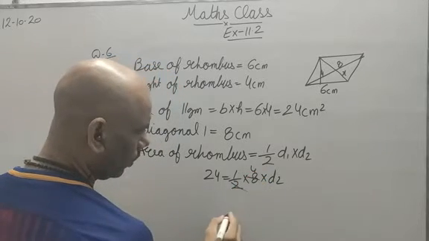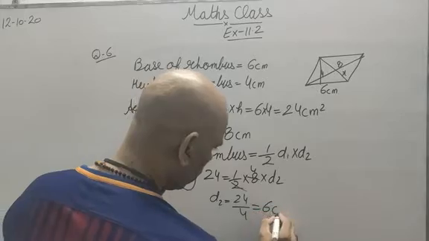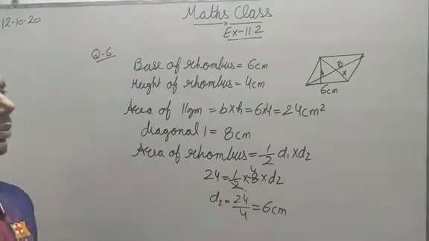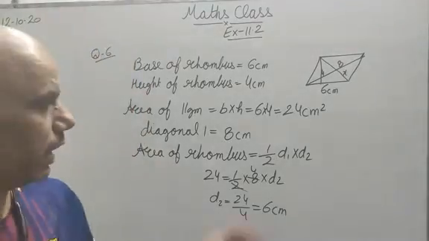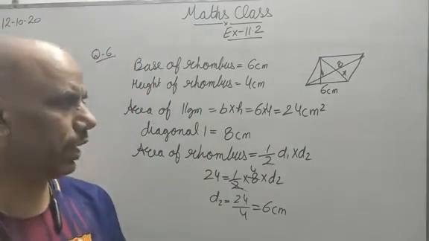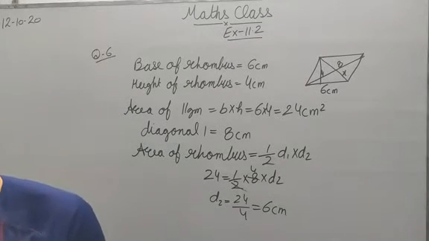So to calculate d2, 24 upon 4, that is 6 centimeter. So this way the area of the rhombus is 24 centimeter square and the length of its other diagonal is 6 centimeter. This will be the solution of question number 6.